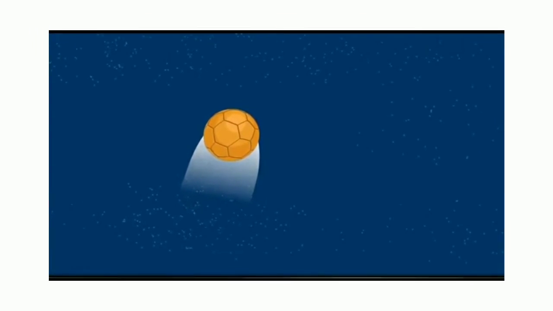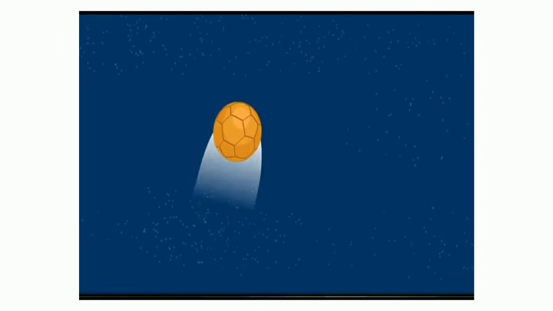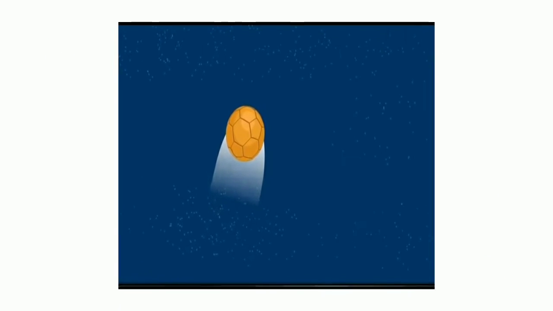Children, we have seen that the value of g keeps decreasing as we go higher above the surface of the earth, right? So the force pulling the ball downward decreases as the ball goes up and up.